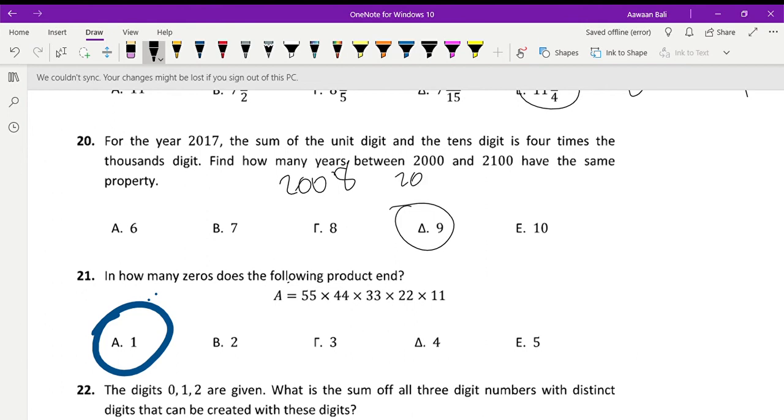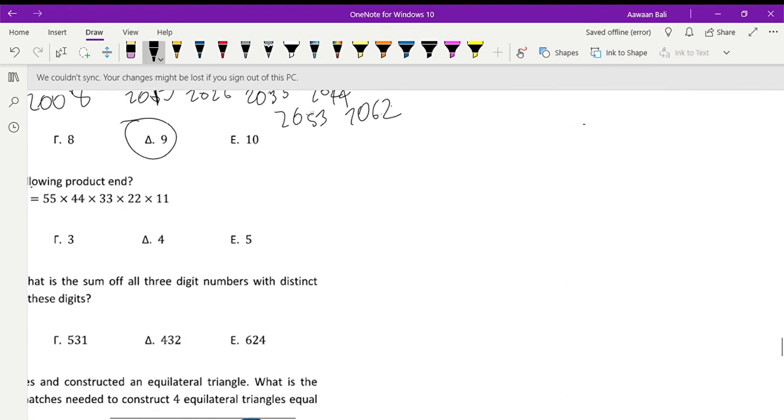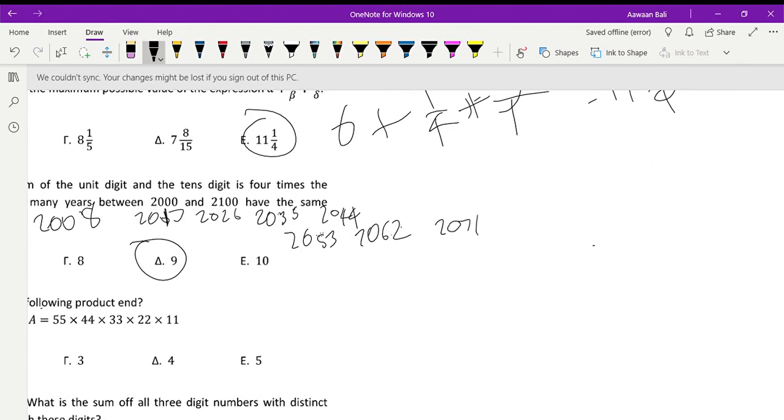So 2017, and then we have 2025, 2034, 2043, 2052, I went to 7 already. 2017, 2026, 2035, 2044, 2053, 2062, 2071, and 2080.